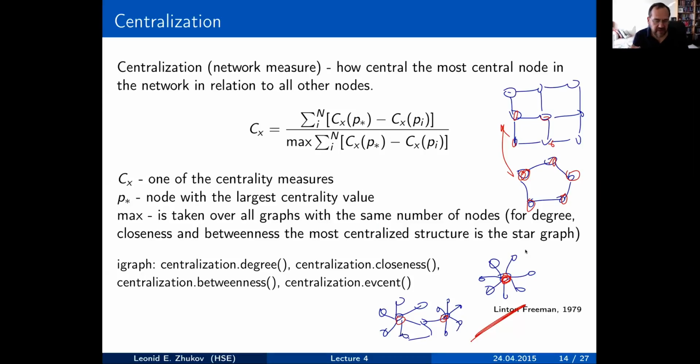So if a graph has a structure that emphasizes certain nodes over other nodes, we talk about centralization of the graph. And we're saying, okay, this graph, the graph that does have the structure where some nodes are more central than others, has high centralization.